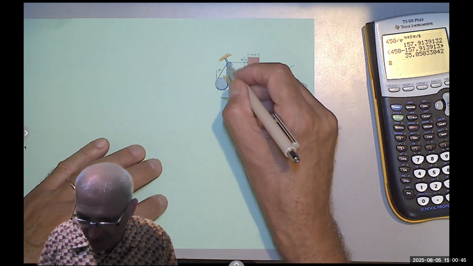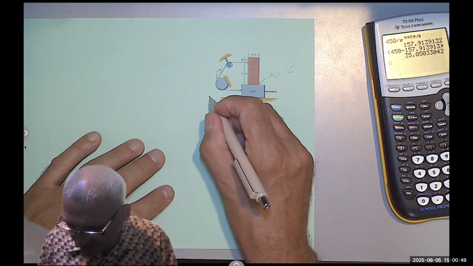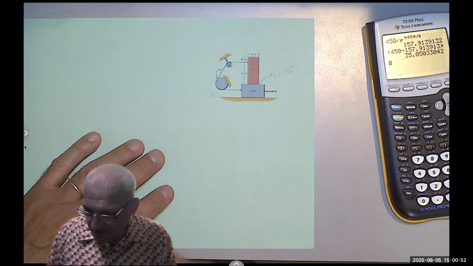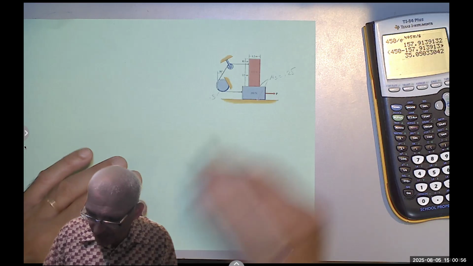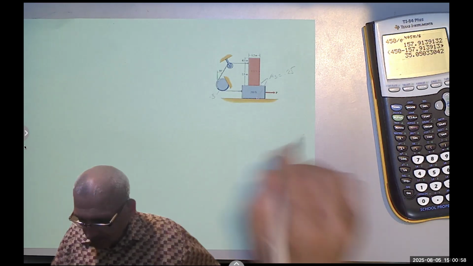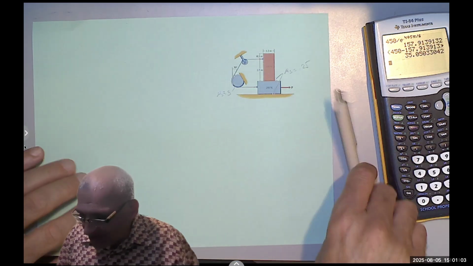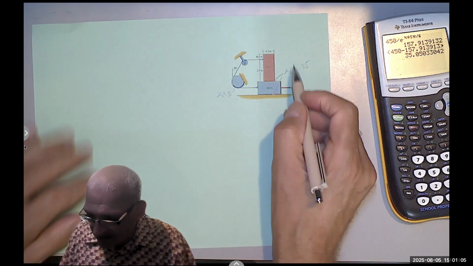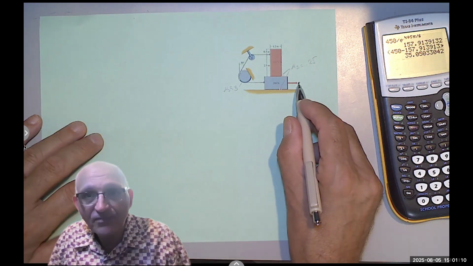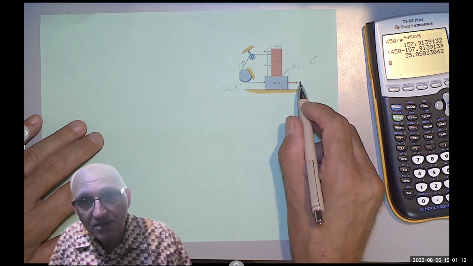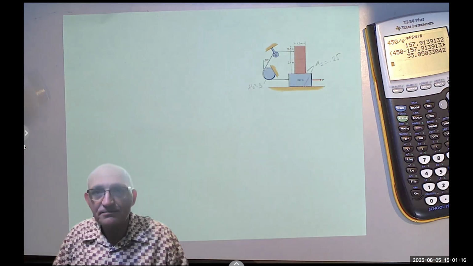It's smooth here for this pulley, but here let's make it 0.35 or 0.3. And let's make both of these the same, like 0.25 and 0.25. Okay, so now what we are saying is, if these are mu sub s's, what is the smallest force you need to use to initiate motion of the blocks?